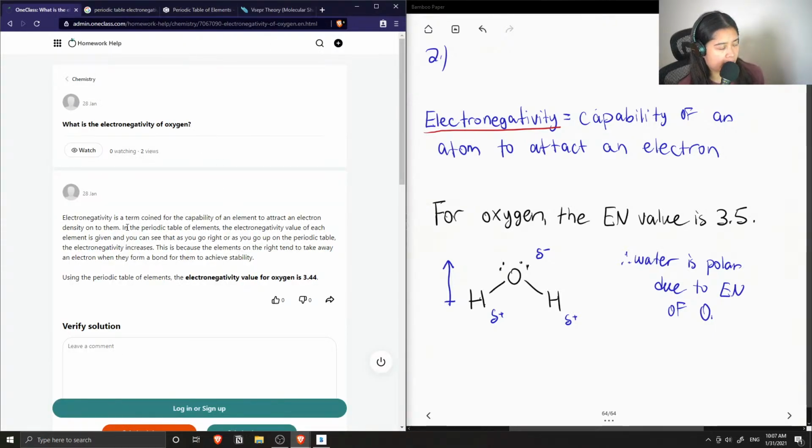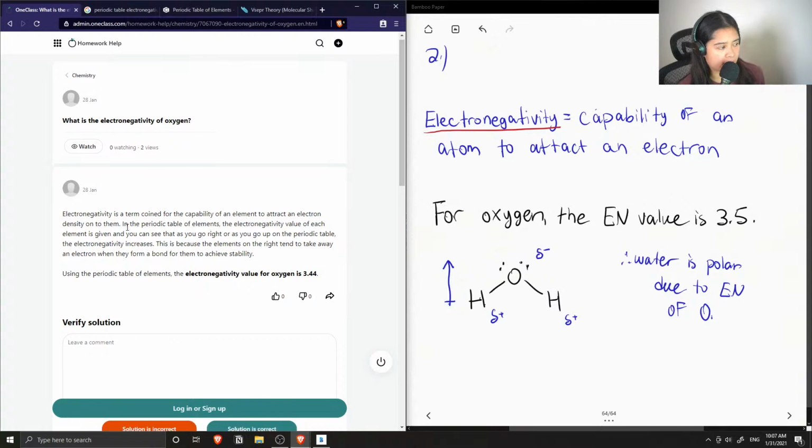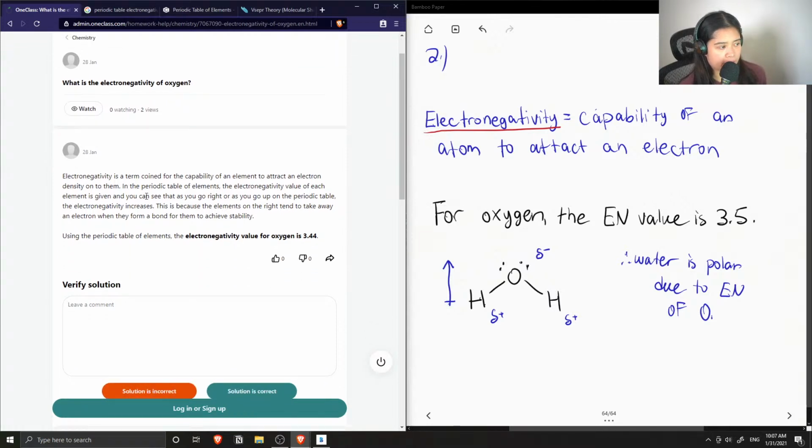Okay, so the junior tutor said that electronegativity is a term coined for the capability of an element to attract electron density to them. In the periodic tables, the electronegativity value of each element is given. Well, yeah, in some periodic tables, it can just be given. And you can see that as you go right, or as you go up on the periodic table, the electronegativity increases.